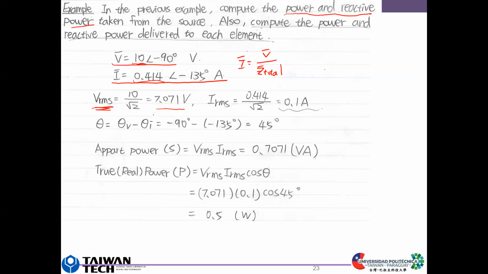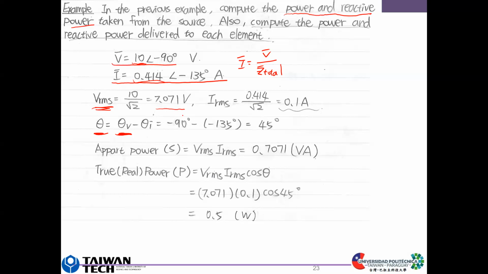becomes 0.1 amp. And its phase difference, because when we calculate the so-called power triangle, we also need the phase of this voltage and current. We usually use the phase angle of the voltage minus the phase angle of the current.